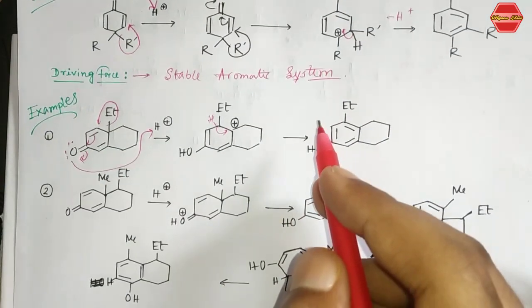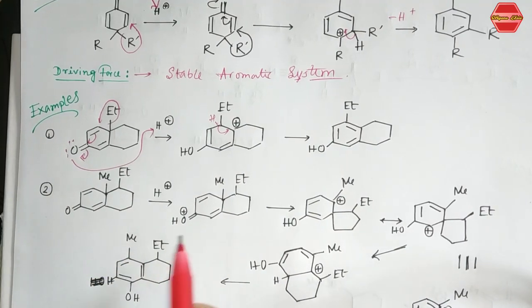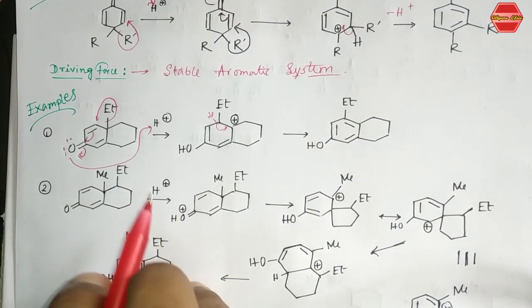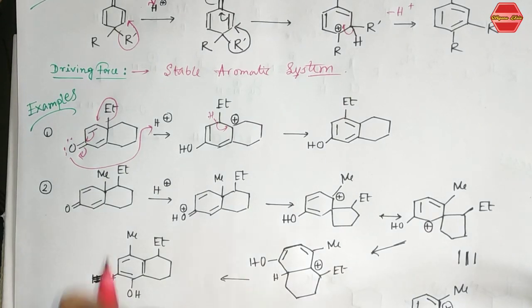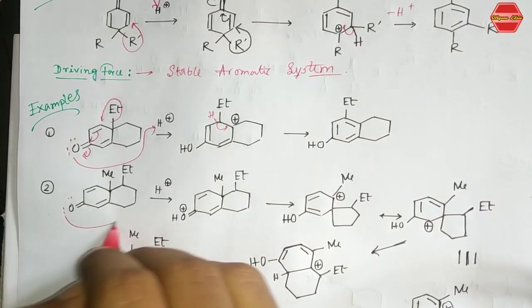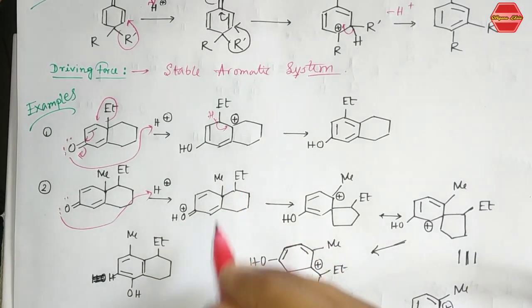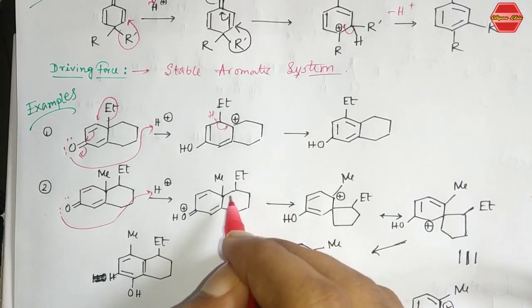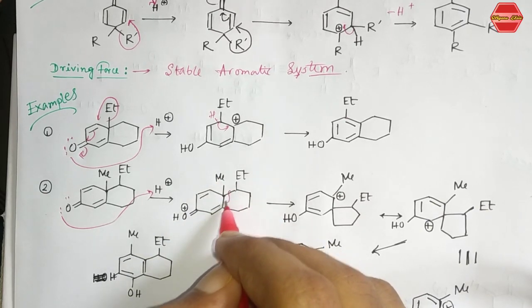Now let's see the next example, that is this one. Right, now this example is very important, very basic and very conceptual. You have to know why this rearrangement reaction takes place. So we know that our first step is that it takes a proton. Now the next step is that instead of this methyl group, this ring migrates over here.